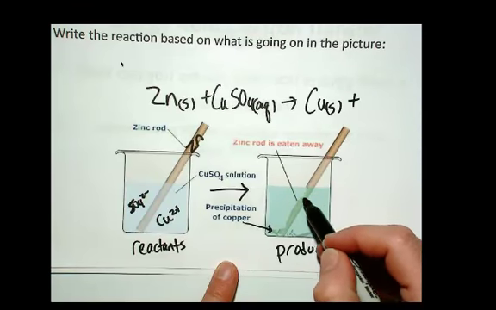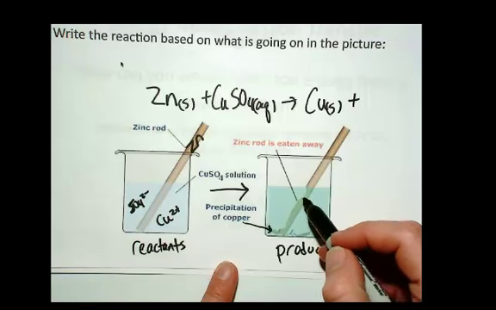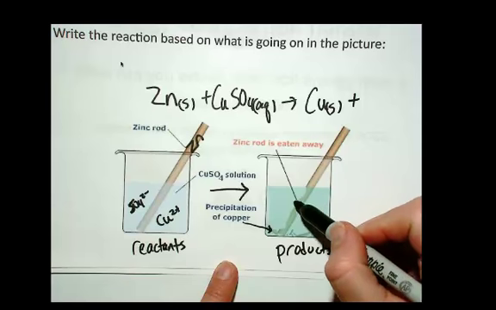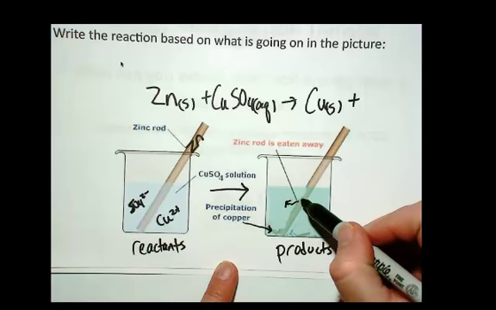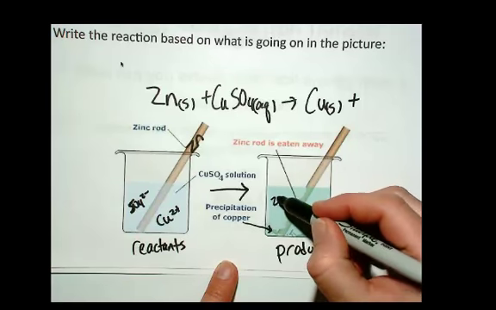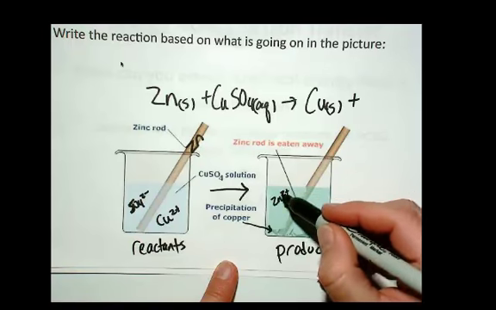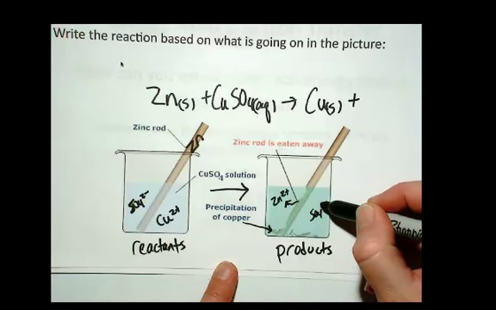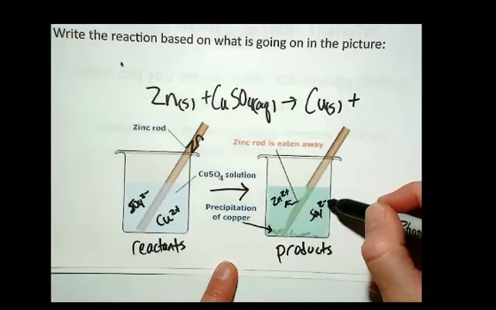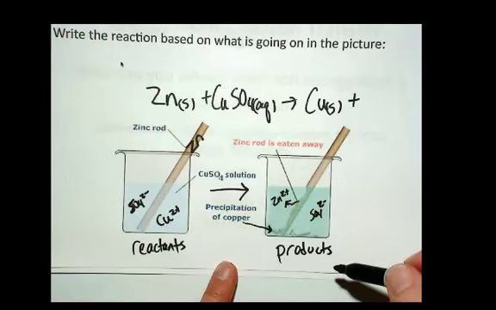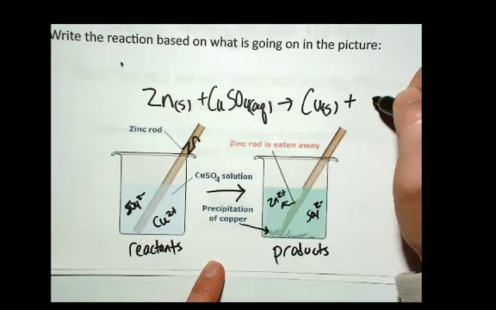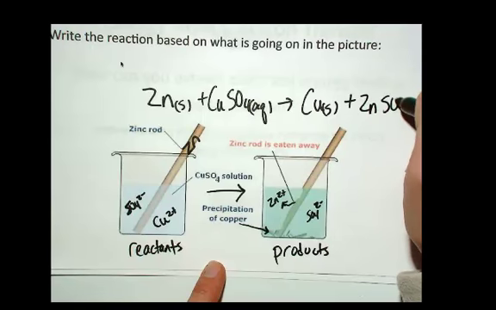And the zinc metal is getting eaten away. Where is it going? It's not disappearing. It is going into solution from the zinc itself into zinc ion. You just can't see it because it's dissolved in solution. We also have sulfates in that solution, and probably still some copper ions as well. But the important thing is the product is zinc sulfate.